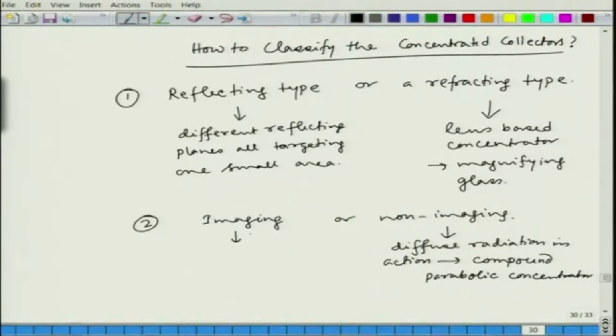An imaging kind, you can say that any parabolic dish, and it works only with beam radiation. The diffuse radiation does not take part in the concentration, and that is why it forms a completely clear image.